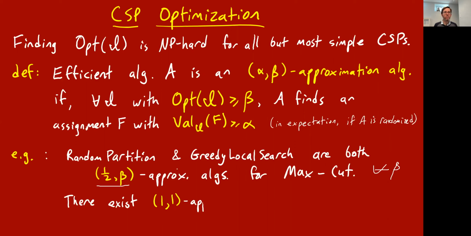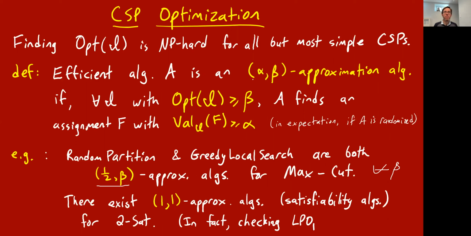And here's another example use of this terminology. There exist 1,1 approximation algorithms for 2SAT. Well, what is a 1,1 approximation algorithm? It's an algorithm that's guaranteed to find you an assignment of value 1, 100%, whenever the optimum is 1. Which means a satisfiability algorithm, an algorithm that finds satisfying assignments when they exist.